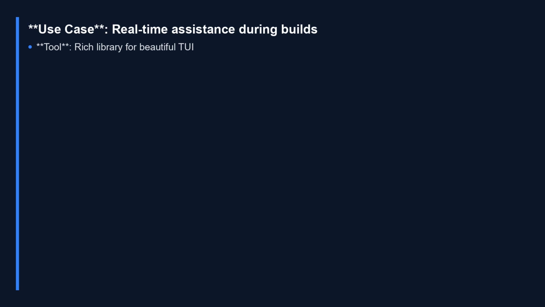Deployment options. The first deployment target is a rich terminal UI, real-time assistance directly inside your build terminal, powered by Python's rich library for syntax-highlighted, color-formatted output that actually looks good in a console. The second option is a REST API built with FastAPI.